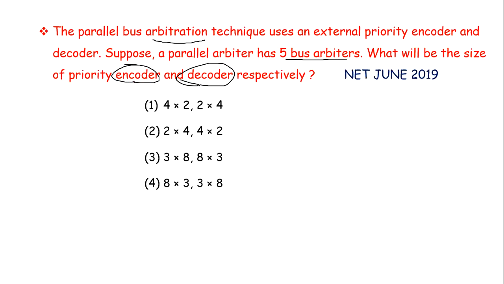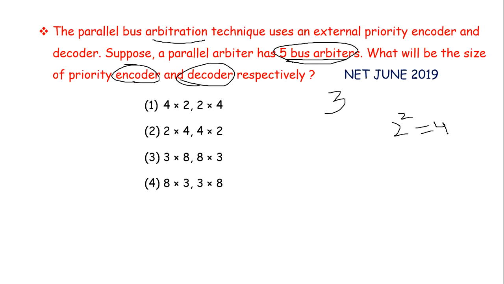Now since it is given in the question that a parallel arbiter has 5 bus arbiters, the number of bits required to address 5 bus arbiters will be 3. How can we say so? If we take 2 bits, the number of bus arbiters that we can provide is 2 raised to the power 2, that is 4.